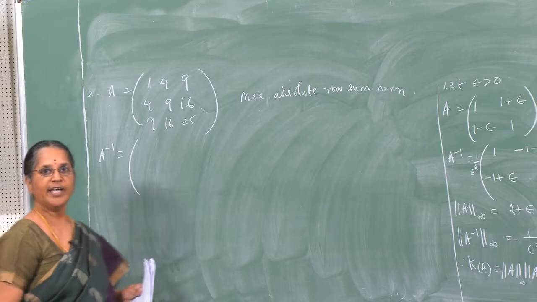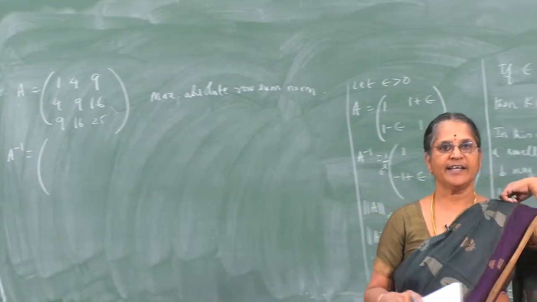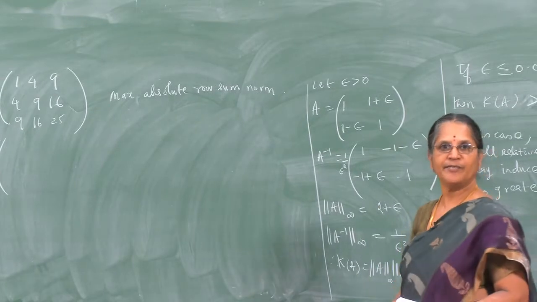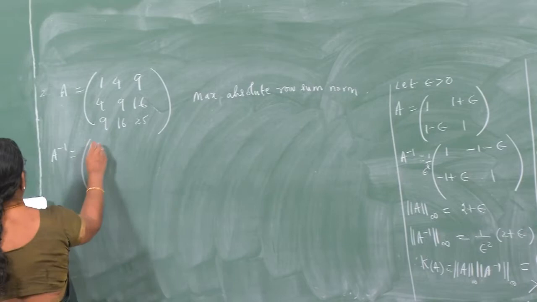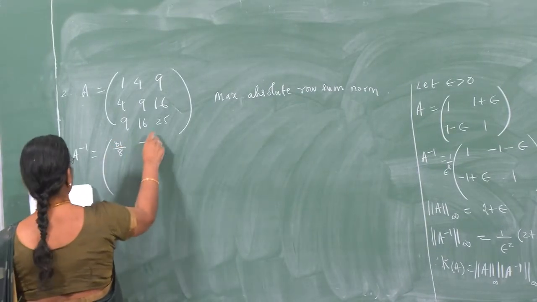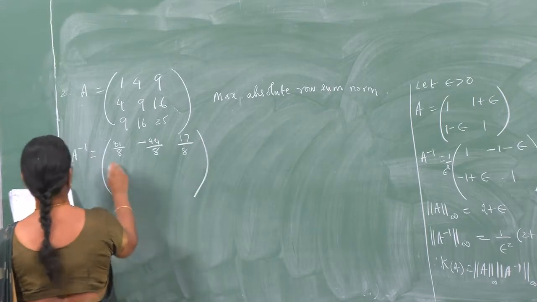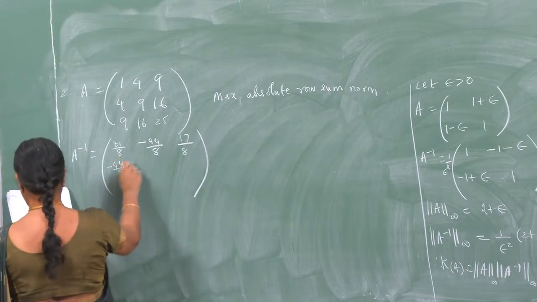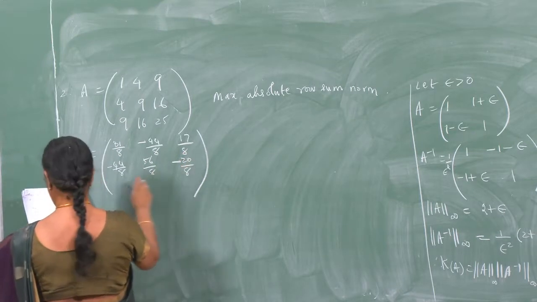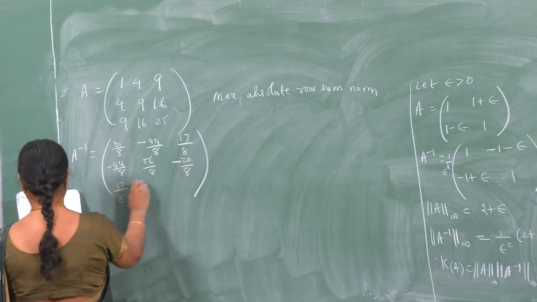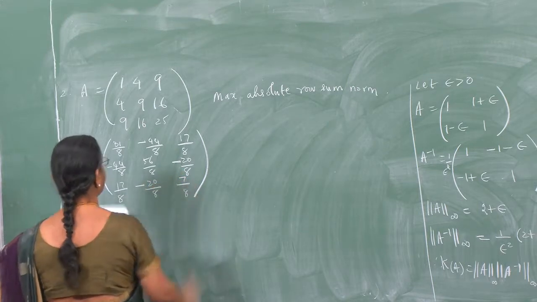How do you compute A inverse? You already know, apply the Gauss-Jordan technique and compute A inverse, and show that A inverse is 31 by 8, minus 44 by 8, 17 by 8; minus 44 by 8, 56 by 8, minus 20 by 8; 17 by 8, minus 20 by 8, and 7 by 8.